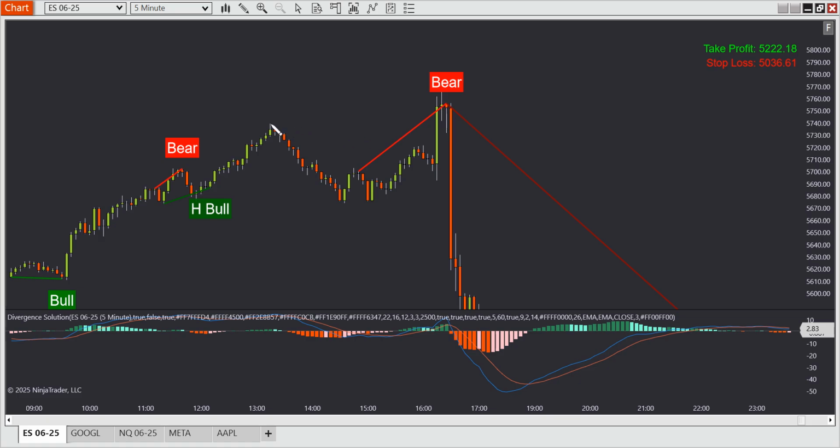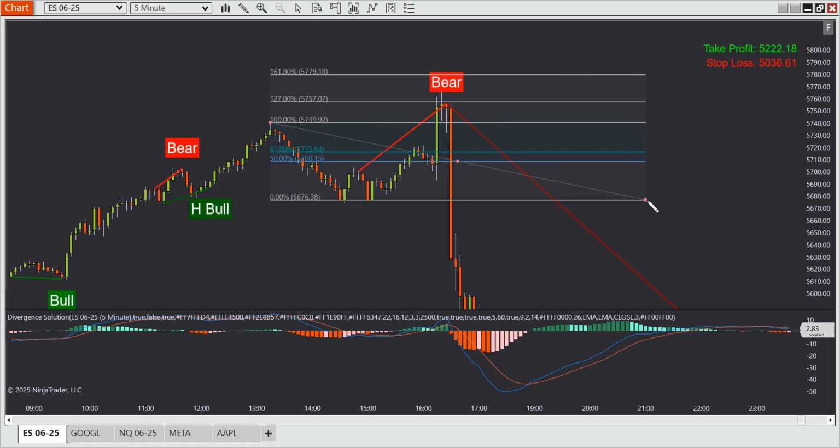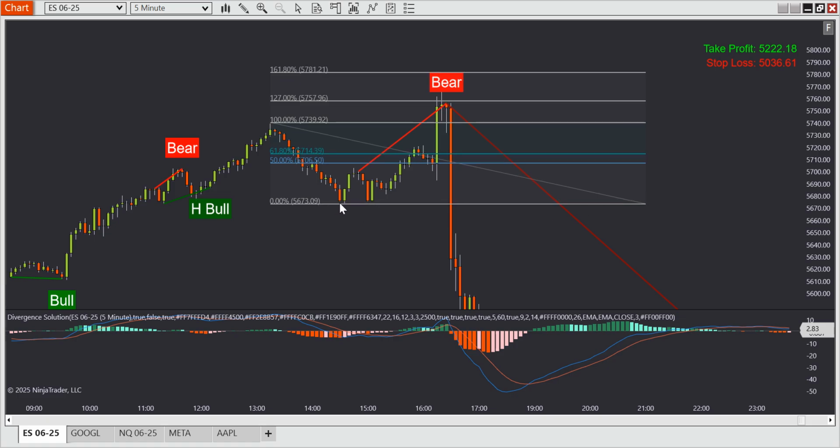We have this high, marking it at this low here. I've added the 127 and 161.8. The normal 61.8 is the most popular fib retracement level, so what I've just done is added these extensions.